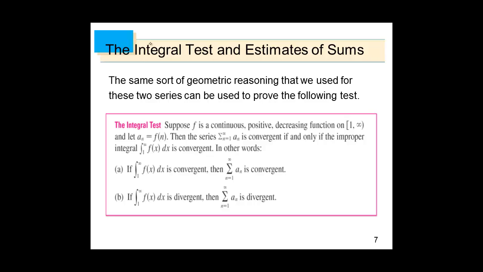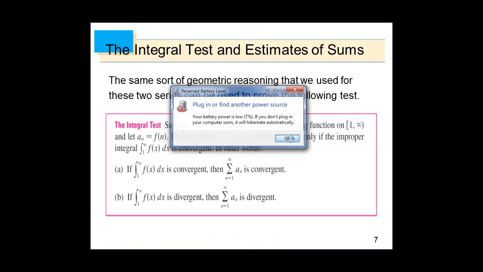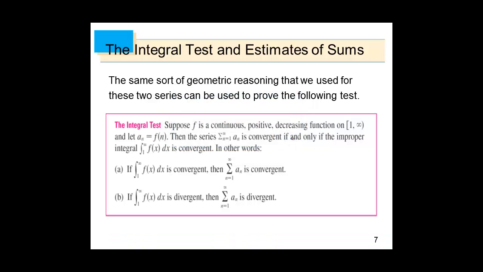This 1 could be 2, 3, 4, whatever you want. As long as f is a continuous positive decreasing function on an interval of the form a to infinity, that's fine. It doesn't have to be 1. Am I making sense? It doesn't have to be 1. Let's look at an example.